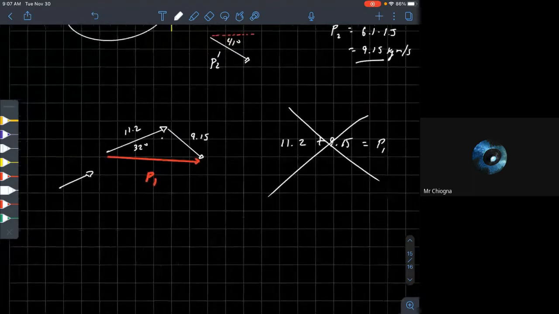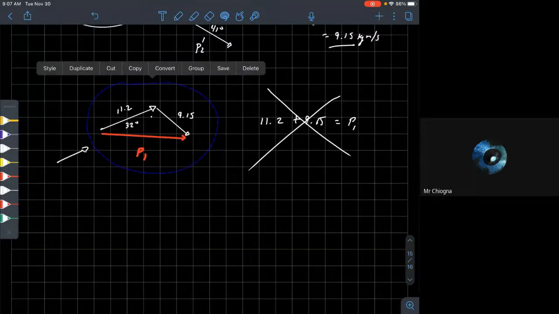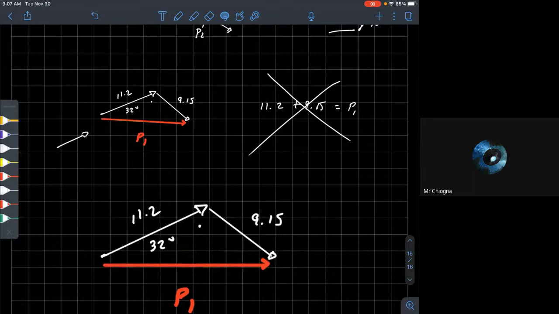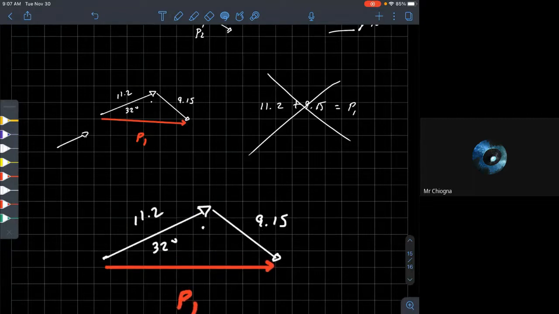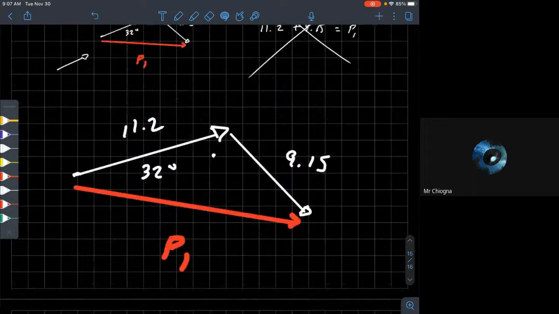So I'm going to redraw it. Make it a little bigger, duplicate it here. I need it bigger. So why did I make it bigger? Well, I'm going to have to draw the components in. Let me just make this smaller, and this smaller.